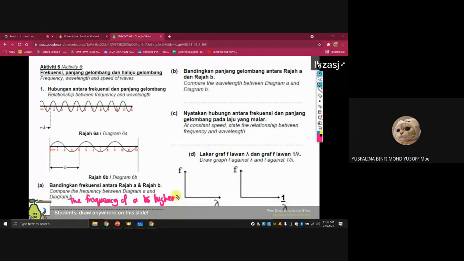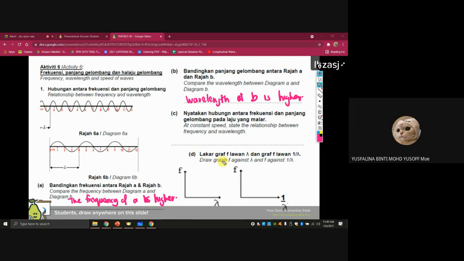After that, compare the wavelength between diagram A and diagram B. You can see the wavelength of B is higher, so you say wavelength of B is higher. Then the relationship of the frequency and the wavelength: when the frequency is higher, the wavelength becomes shorter, right?